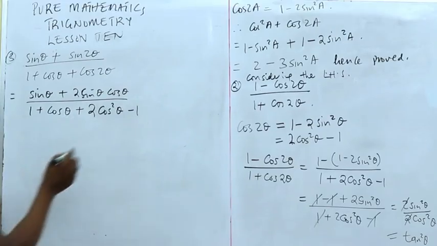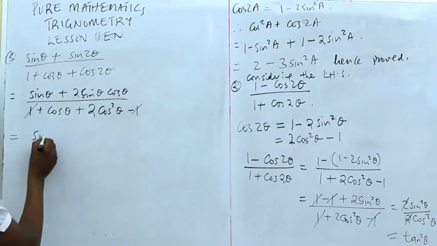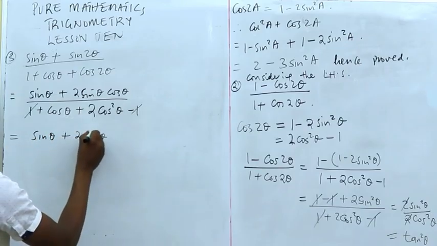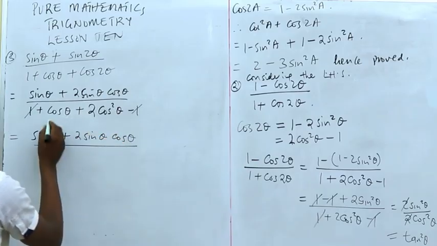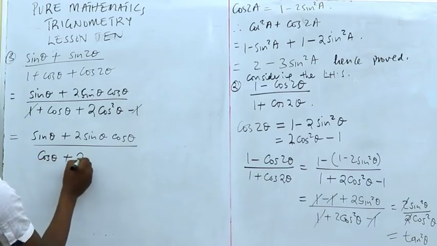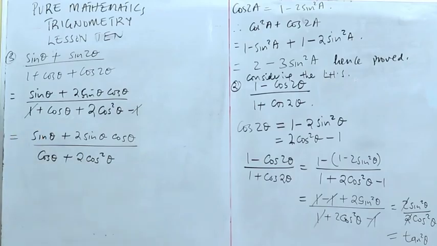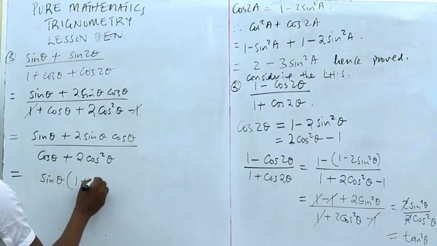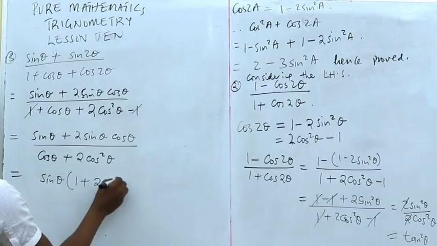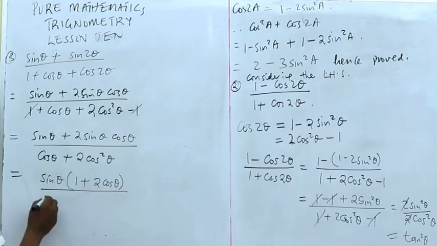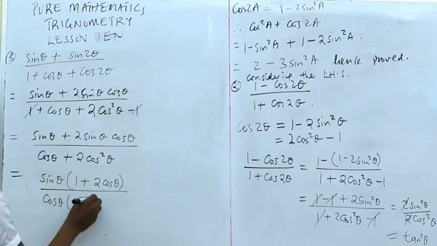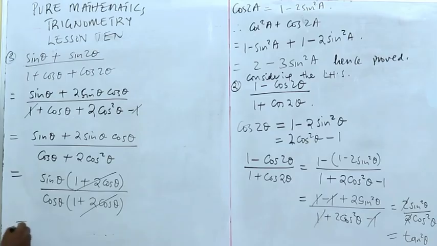So the 1s cancel. You have sine theta plus 2 sine theta cos theta over cos theta plus 2 cos squared theta. On top, sine is common. If you factor out sine, you remain with 1 plus 2 cos theta. Down here, if you factor out a cos, you have 1 plus 2 cos theta. So that one and that one disappear. Sine over cos gives us tan theta as required.